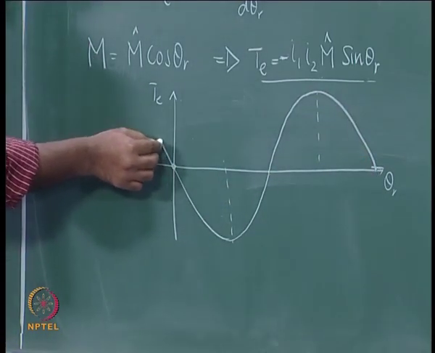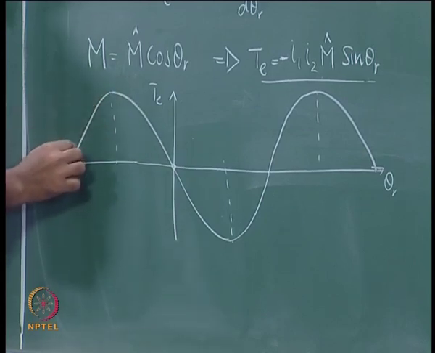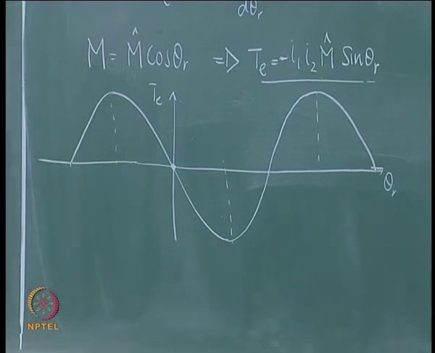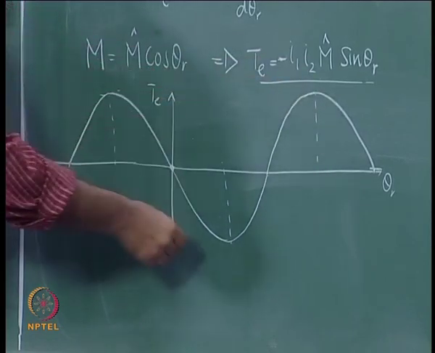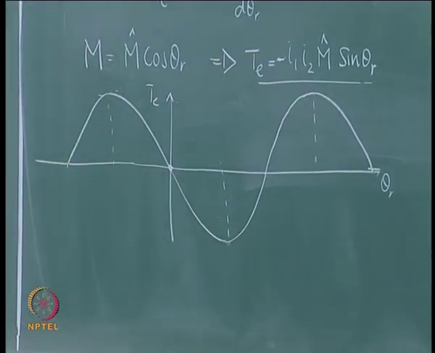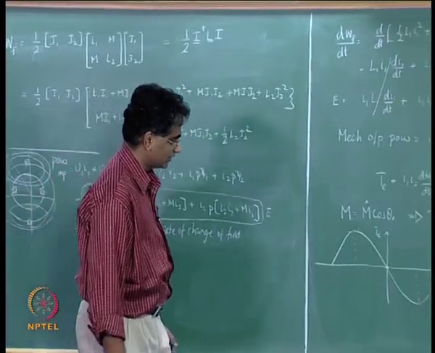On this side, that is how the wave shape is going to look. This maximum value for a given current is I1 I2 into m hat. This is minus I1 I2 into m hat.